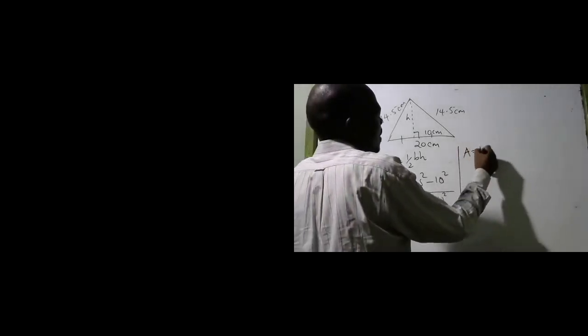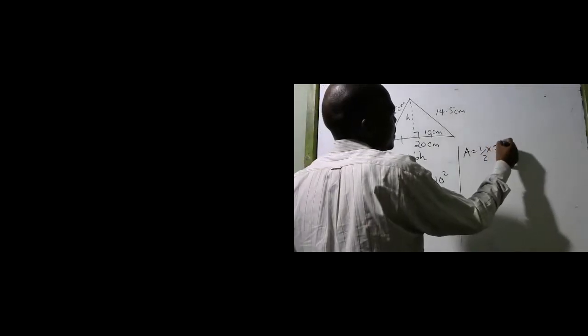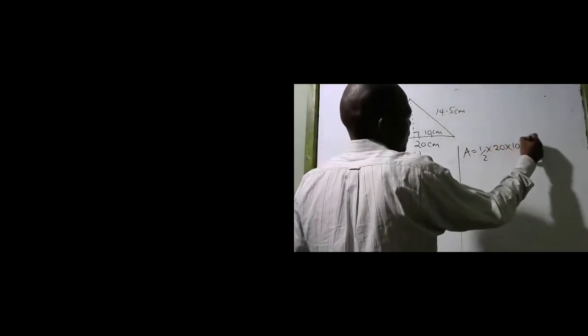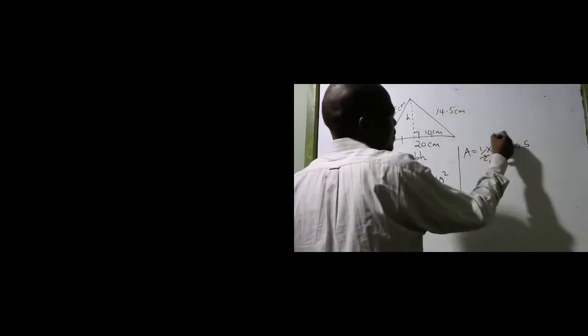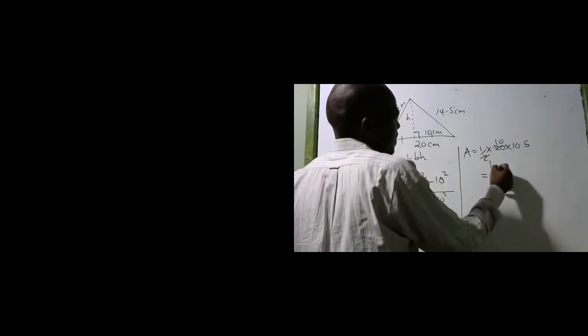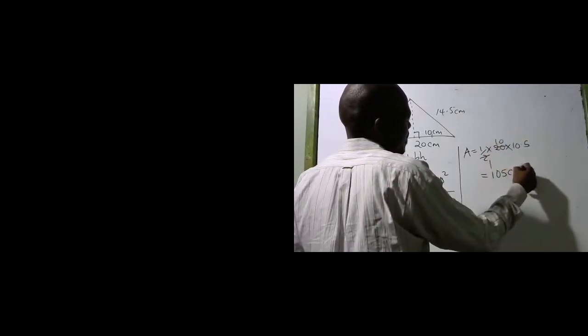So then you apply our formula. Area is equal to a half, base is 20, times 10.5. So the answer becomes 105 centimeters squared, like that. So that is the area of this isosceles triangle.